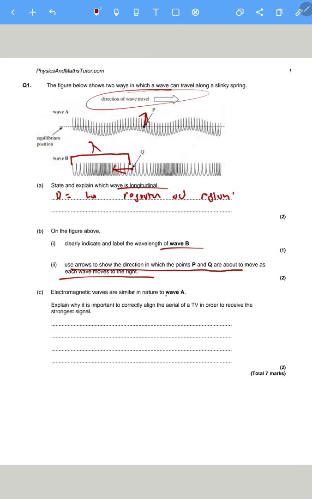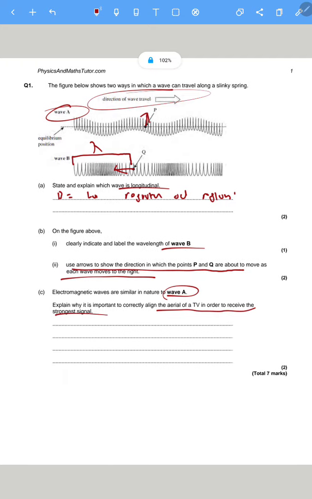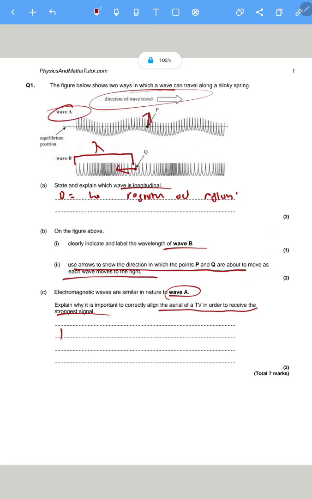Electromagnetic waves are similar to wave A. Wave A is a transverse wave. Explain why it's important to correctly align to receive the strongest signal. EM waves, radio waves in this case, will be polarized.